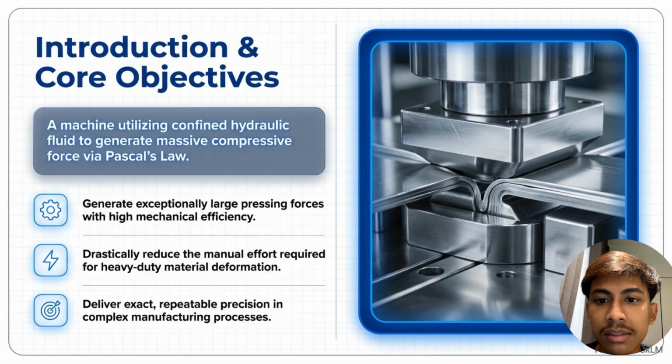A machine utilizing confined hydraulic fluid to generate massive compressive force via Pascal's law. First, generate exceptionally large pressing force with high mechanical efficiency. Second, drastically reduce the manual effort required for heavy duty material deformation. For the last, deliver exact, repeatable precision in complex manufacturing processes.